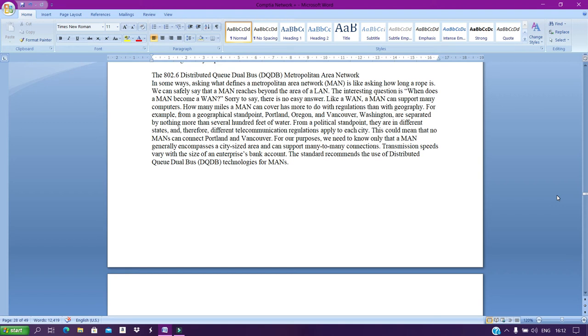For our purposes, we need to know only that a MAN generally encompasses a city sized area and can support many to many connections. Transmission speeds vary with the size of an enterprise bank account. The standards recommended the use of distributed queue dual bus, DQDB, technologies for MANs.